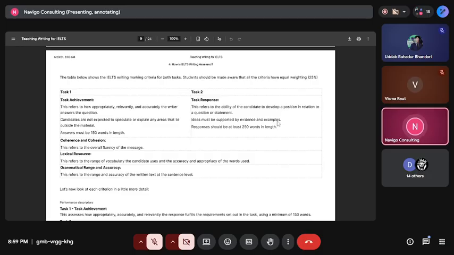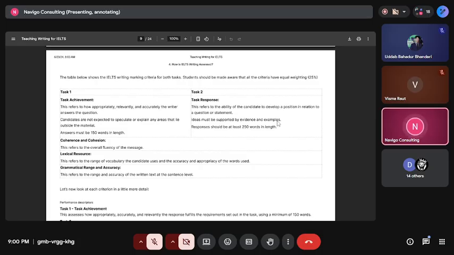If you are able to discuss and speculate your ideas with your evidences and examples, with the facts, then you have achieved the task response criteria. And responses should be at least 250 words in length. You have to write 250 words and you have to give evidences, examples, right?